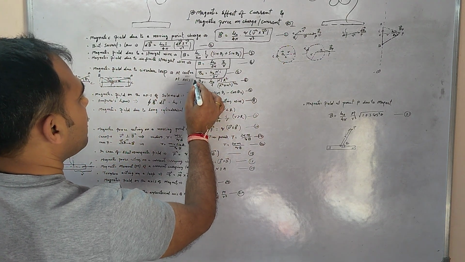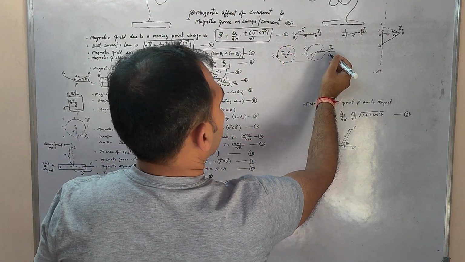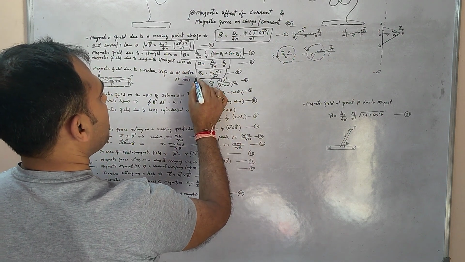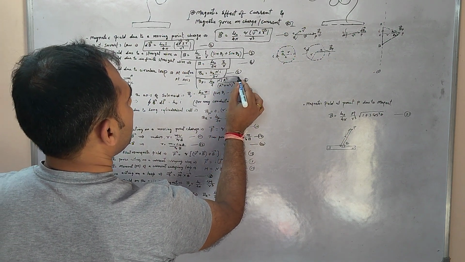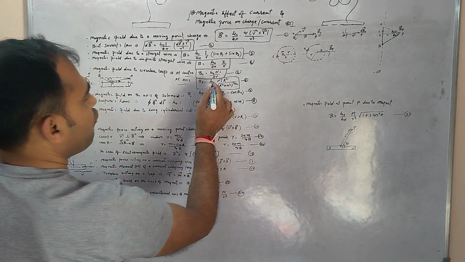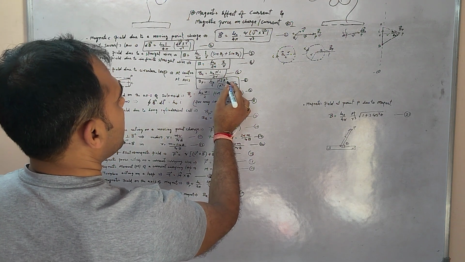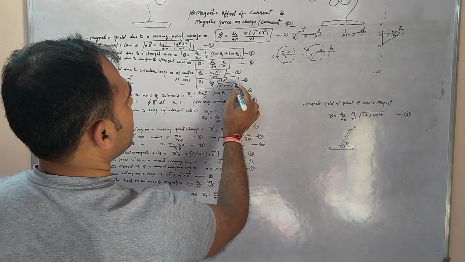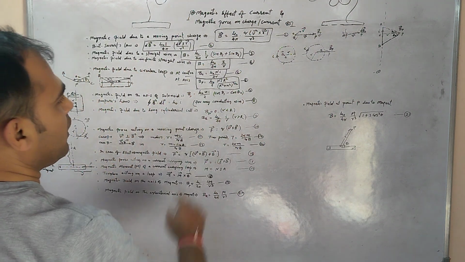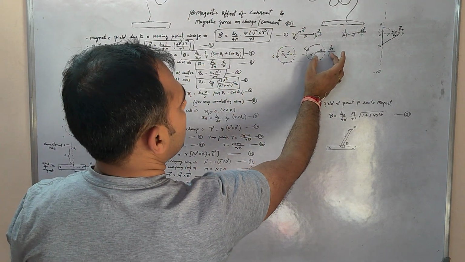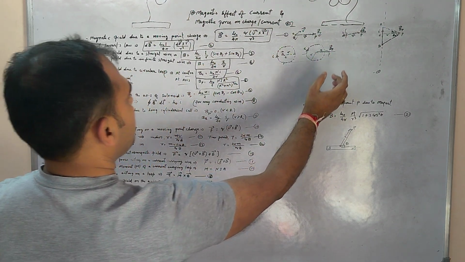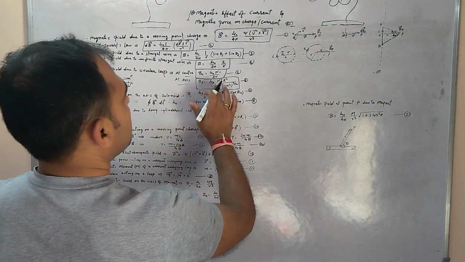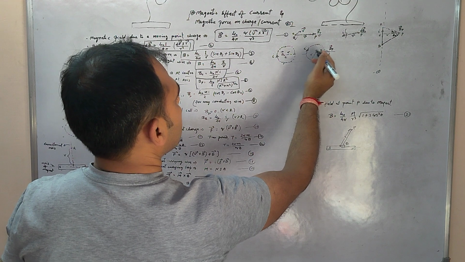Then magnetic field at this point P will become Bp equals mu naught by 2, N I r square, upon (r square plus x square) to the power 3 by 2, where x is the distance of P from center, r is the radius, and n is the number of loops, I is the current.